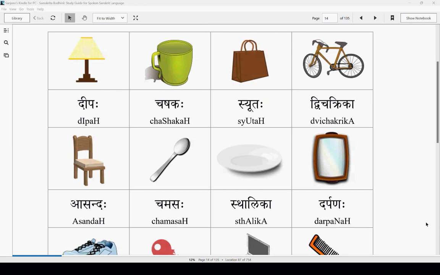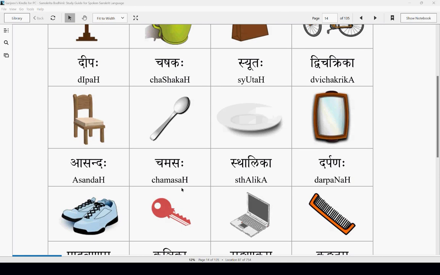Then we have Chashaka. That is also similar to Deepa. That's also ending in a, Sarga, Chashaka. That is also Pullingam, and it is Ekavachanam. Then we have Syuta, that is a Pullingam, Ekavachanam. All are Ekavachanam obviously, because there is only one quantity of those objects.